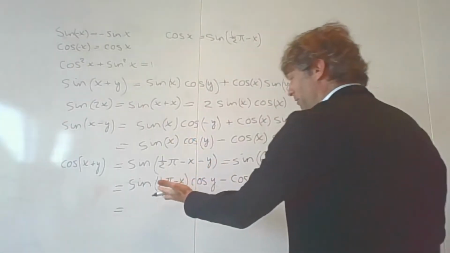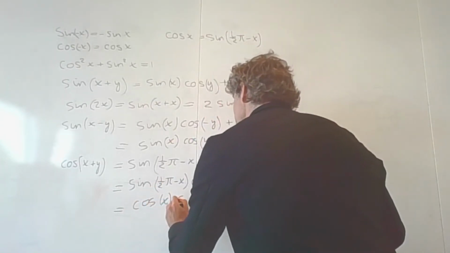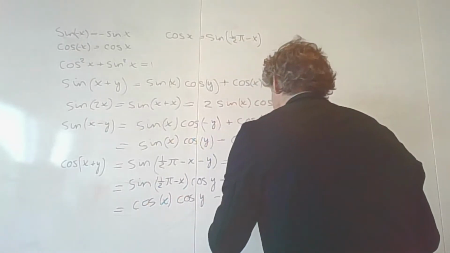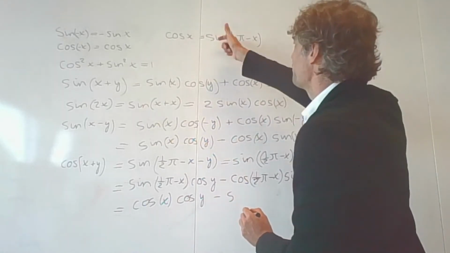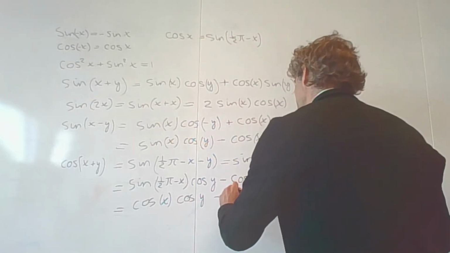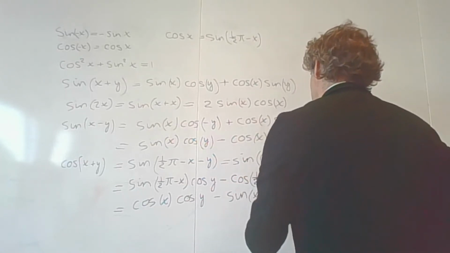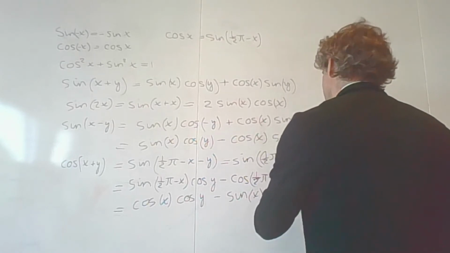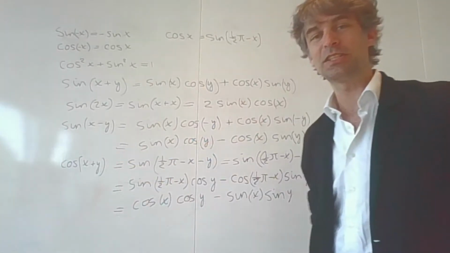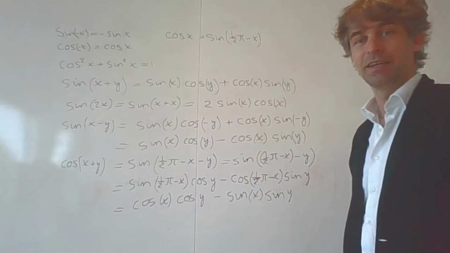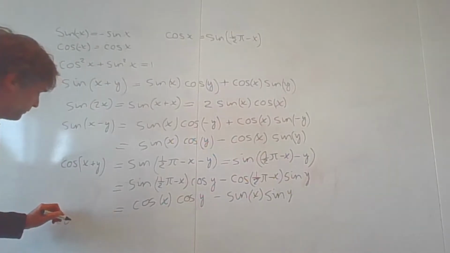Okay, but the sine of half pi minus x is the cosine of x, so it's the cosine of x times the cosine of y minus cosine of half pi minus x, which is sine of x, times the sine of y. Great, so now you can do the last one, the cosine of x minus y, yourself. I wanted to show you as another one, what do you get then for cosine of 2x?